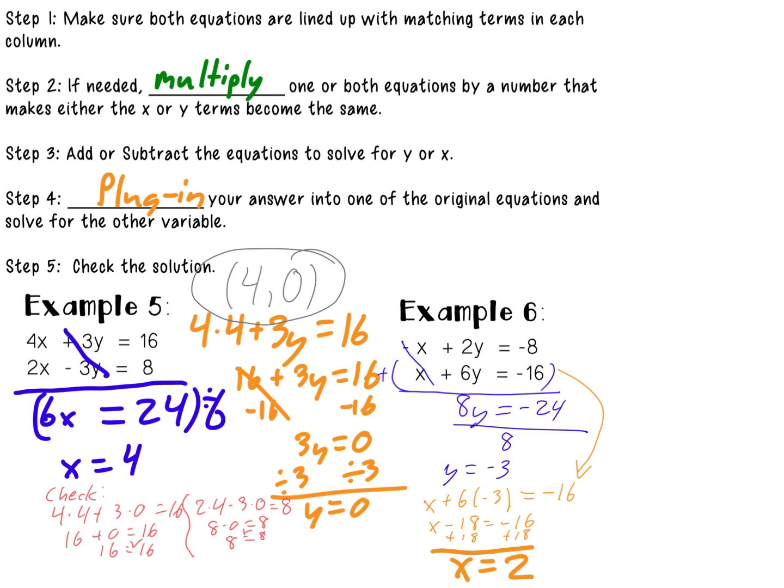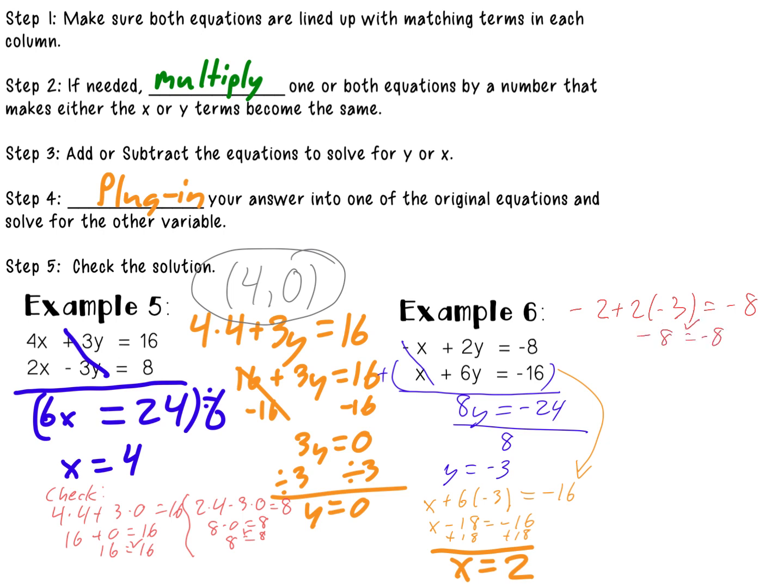Let's check. Negative 2 plus 2 times negative 3 will give us, let's see, 2 times negative 3 is negative 6, plus negative 2 is negative 8.